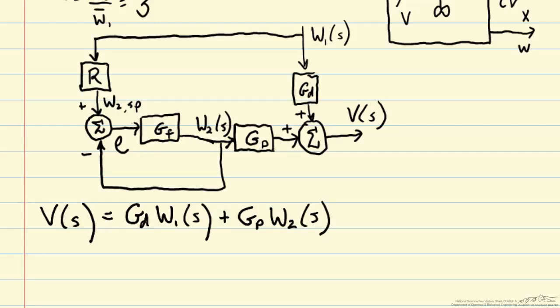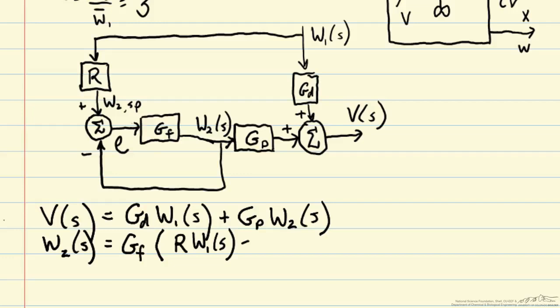And then in addition, we will calculate that W2(s) equals GF times E, but E is just W2 set point minus W2, and W2 set point is R times W1(s).